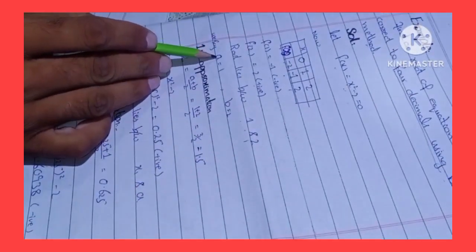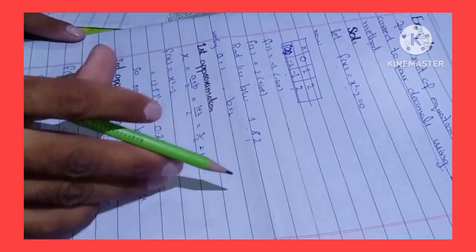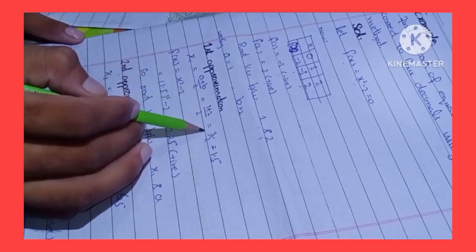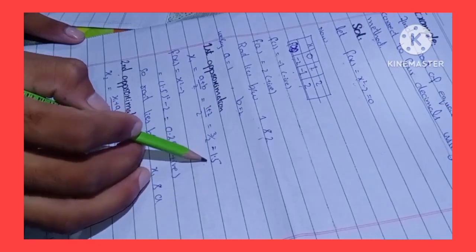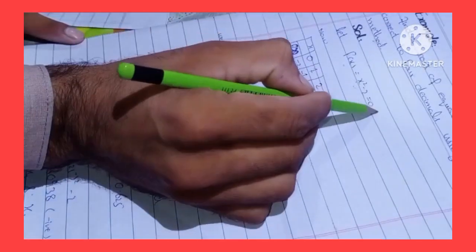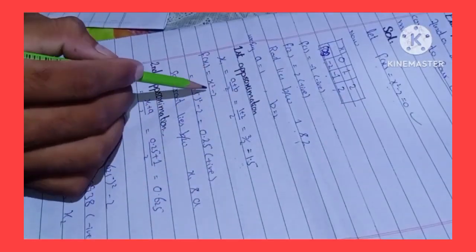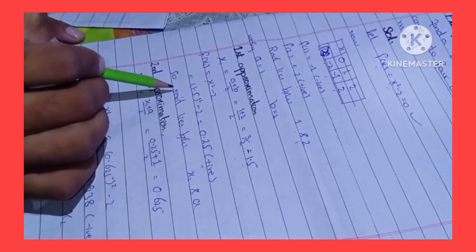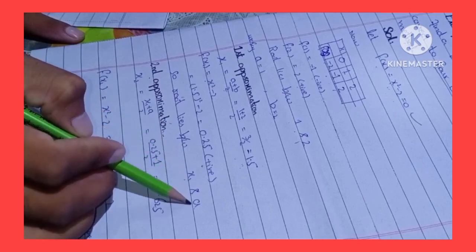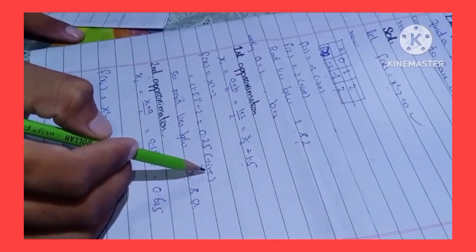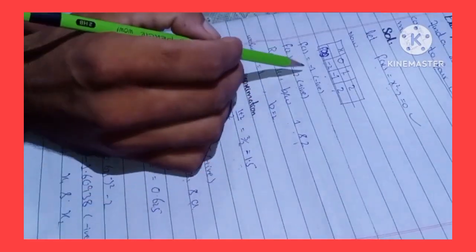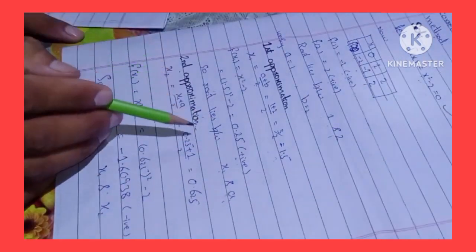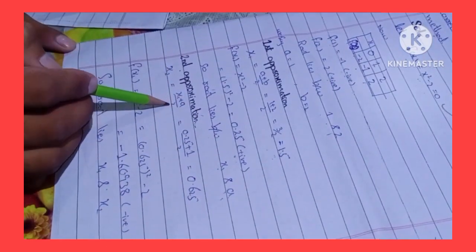For the first approximation, we consider a equal to 1 and b equal to 2. The first approximation is x1 equal to a plus b over 2. The value of a is 1 and b is 2, so solving gives 1.5. We put x1 into f of x, which is x squared minus 2, and solving it gives a positive value. So the root lies between x1 and a, because x1 gives positive and a gives negative. The second approximation is x2 equal to x1 plus a over 2.